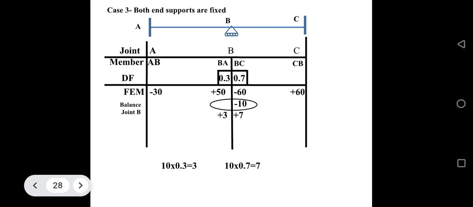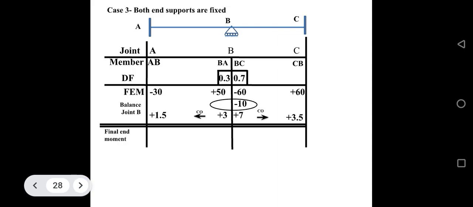Now whatever moment you have applied, 3, to balance it, will it be carried over to A? The answer is yes, because support A is a fixed support, so half the moment with the same sign will be carried over to A. Similarly, half the moment with the same sign will be carried over to C. Now the joint is balanced, we have done the carryover, and we can directly go for the final moments.